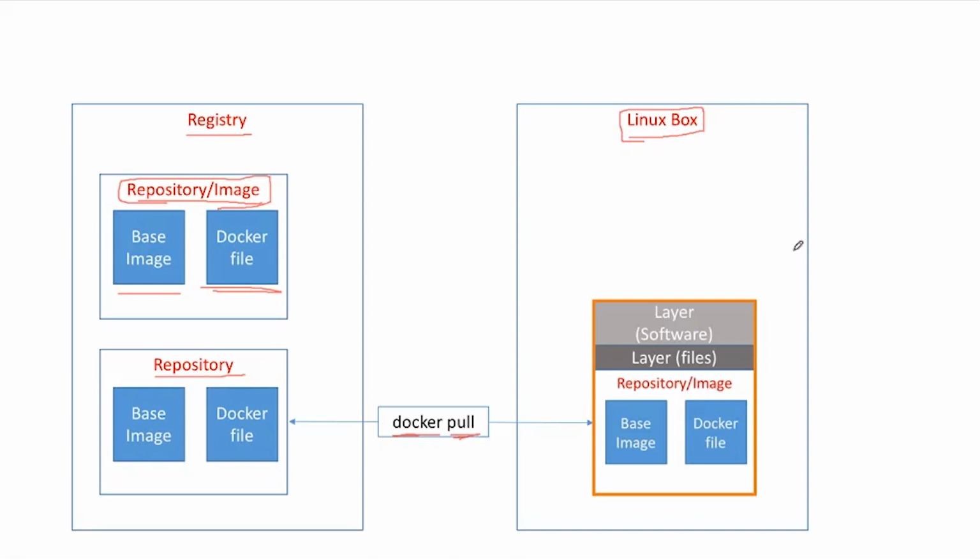So when we did a Docker pull from the command line, it went to the registry, dockerhub.com, and it pulled the specific image that we wanted and brought it to your local repository on your Linux box.